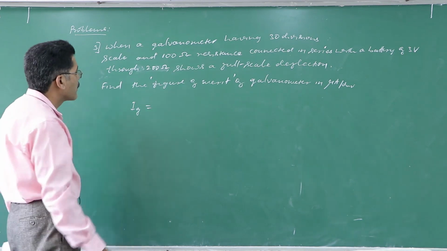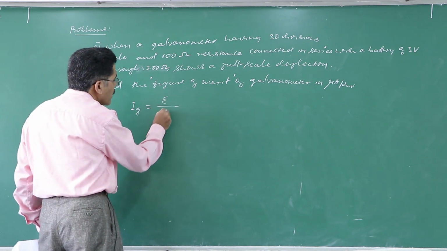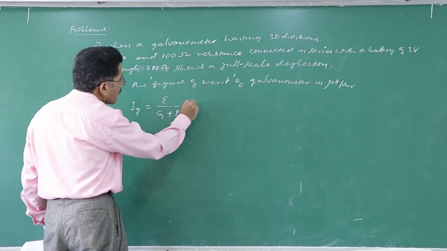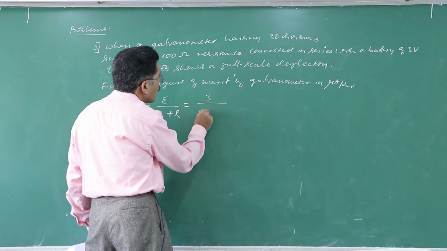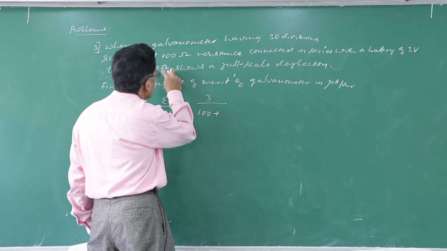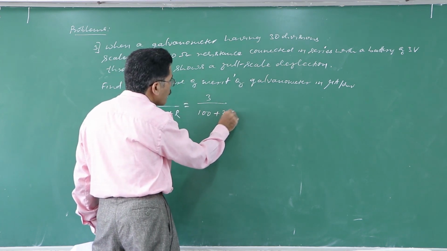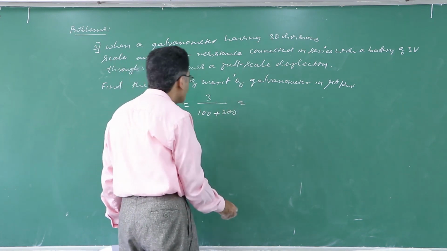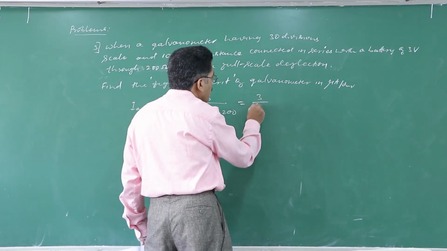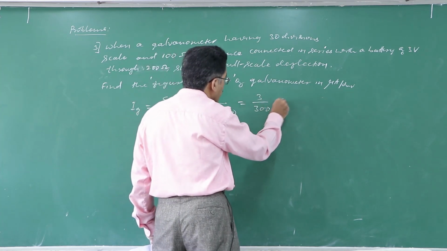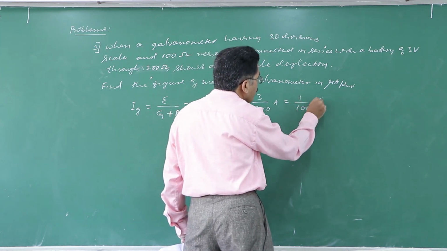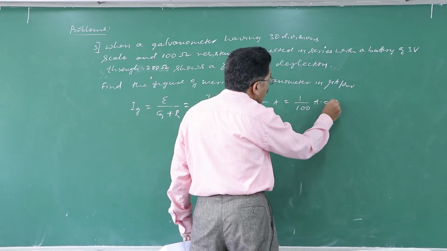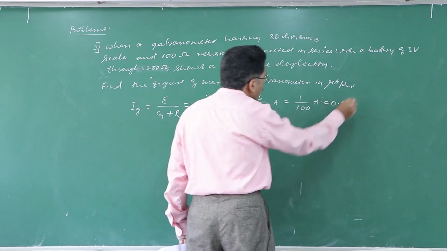That was missing. Ig is E divided by G plus R. What is E? 3 volt. G is 100. External resistance is 200. This gives you 3 by 300 ampere. This is 1 by 100 ampere, or 0.01 ampere.